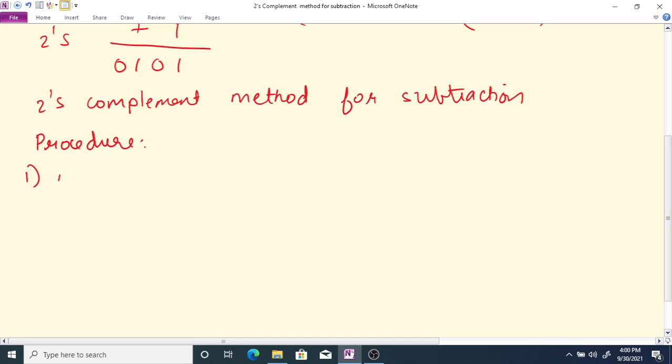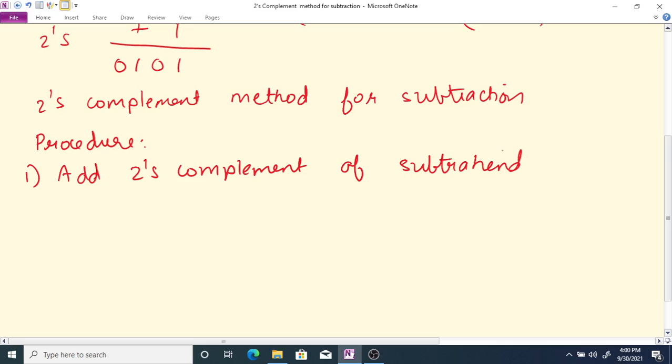First step, add 2's complement of subtrahend to minuend.